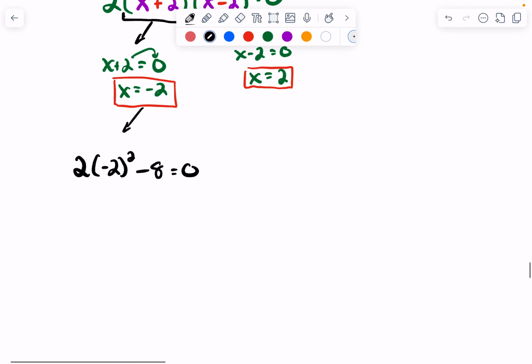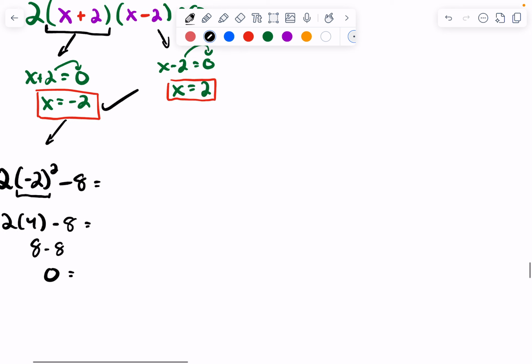And this should equal 0. Right, we're checking if it equals 0. Well, negative 2 squared is 4, times 2 is 8, minus 8. So that's 8 minus 8, so then 0. So that means, yes, that is a solution.